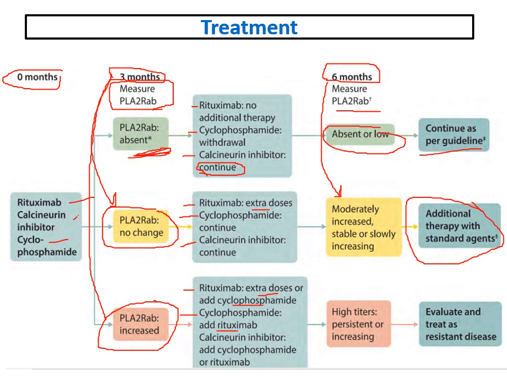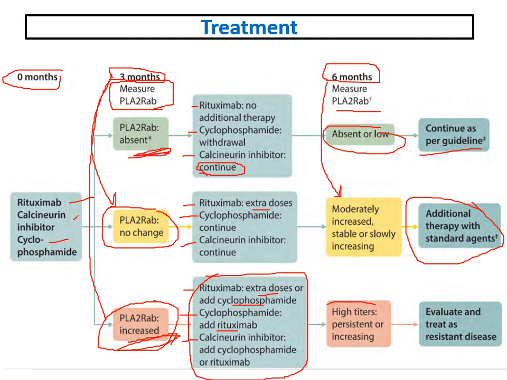If I am using CNI from the start, I can add cyclophosphamide or rituximab. So the idea is that if after 3 months I found an increased assay, I should combine.